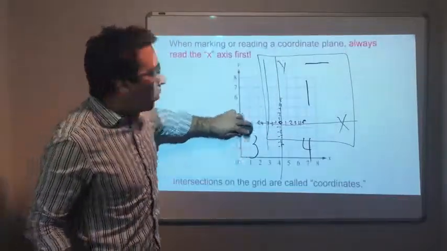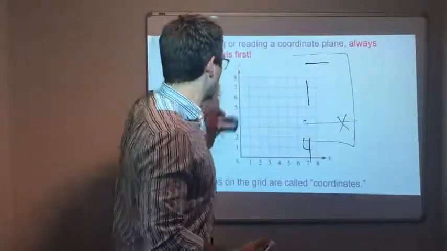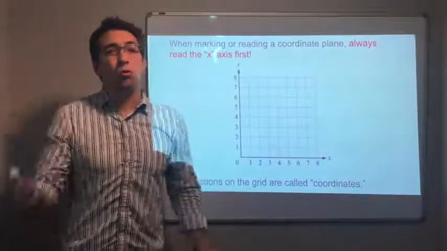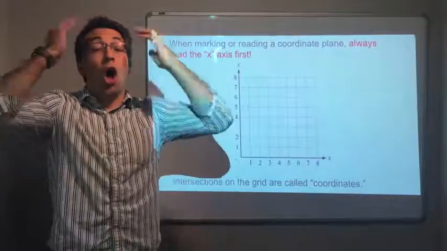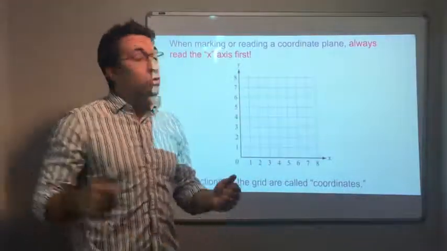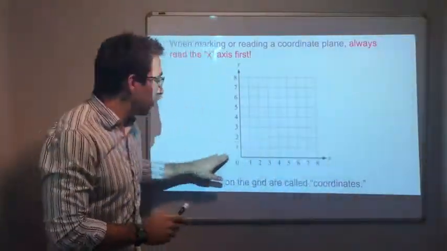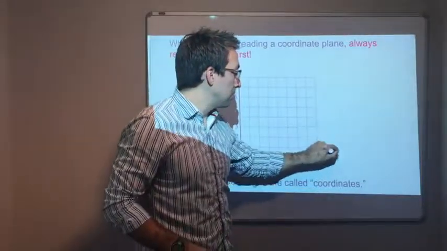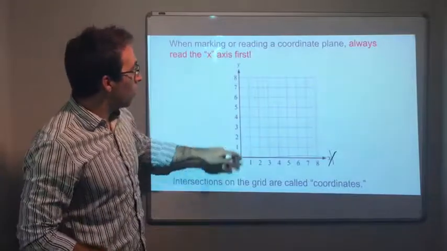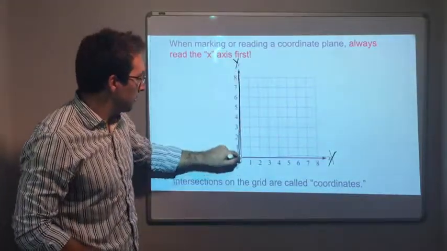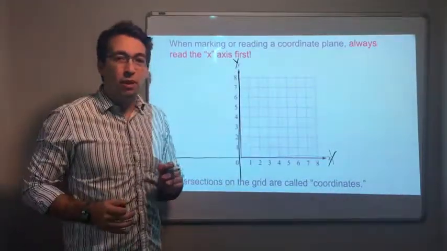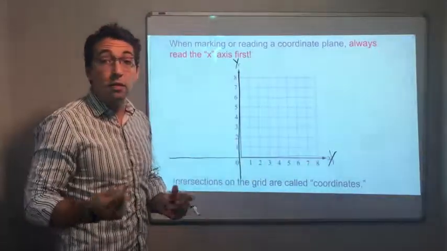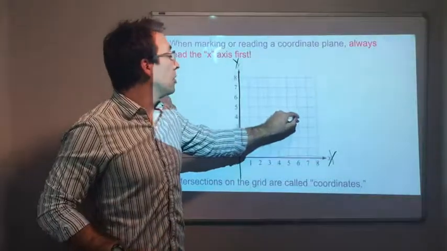So what do we do with this coordinate plane? When marking or reading the coordinate plane, always read the x-axis first. Here is our x-axis, and here is our y-axis. The intersections on the grid are called the coordinates, so we're going to be marking the coordinates.